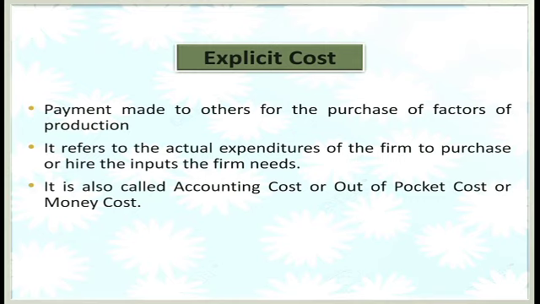And explicit cost includes wages, payment for raw material, rent for the building, interest for capital invested, expenditure on transportation and advertisement, other expenses like license fee, depreciation and insurance charges, etc. It is also called accounting cost or out-of-pocket cost or money cost.